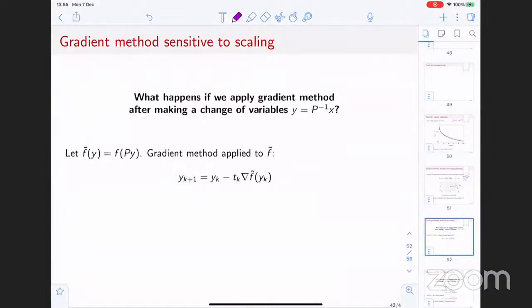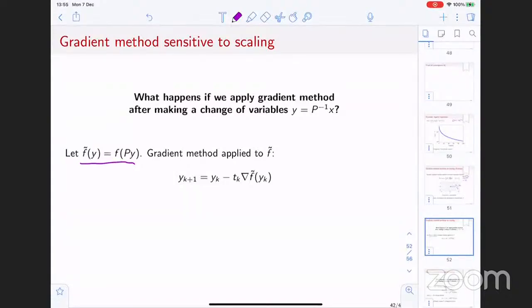So let's say your original coordinates were x. Now I have an invertible matrix P, and I define new coordinates which I call y, and this is P inverse times x. This corresponds to defining a new function f tilde of y equal to f of Py, and you apply the gradient method to f tilde.